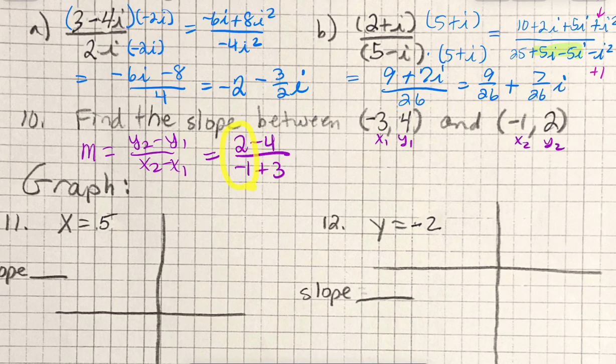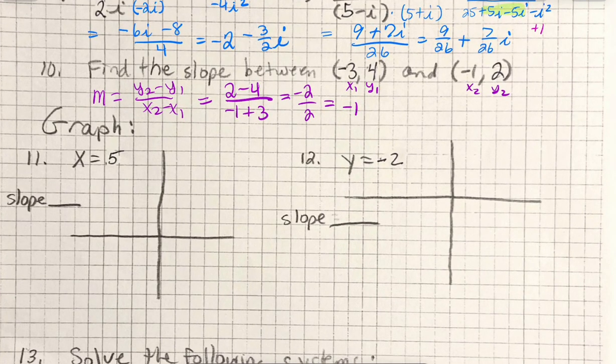Is -1, 2 a pair? Yes. Is this a pair? Now you have to think of opposites of what you see there. So is -3, 4 a pair? Yes. The x's should always be in the bottom. The y should always be in the top because it's rise over run. So we get -2 over +2 for a slope of -1. Now, if you left it -2 over 2, that's okay. -1 over 1, that's okay too.